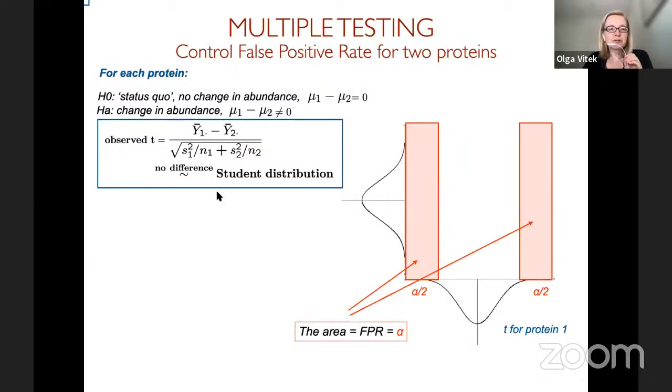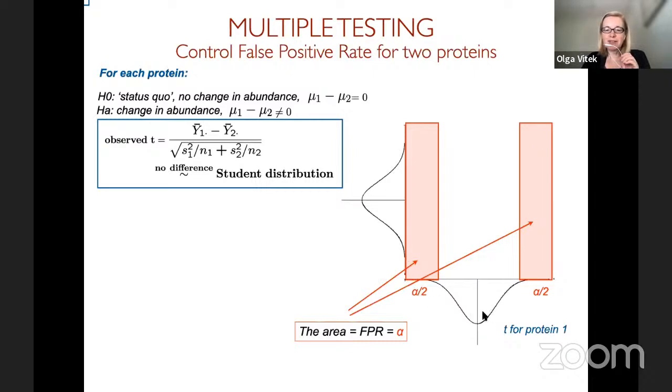So remember the signal to noise I just talked about, to test the hypothesis. This was for the case of one protein. Now, what if we have two proteins in the data set? We will have to repeat this procedure separately for protein 1 and then separately for protein 2. Here I'm trying to visualize this. I just flip this distribution.